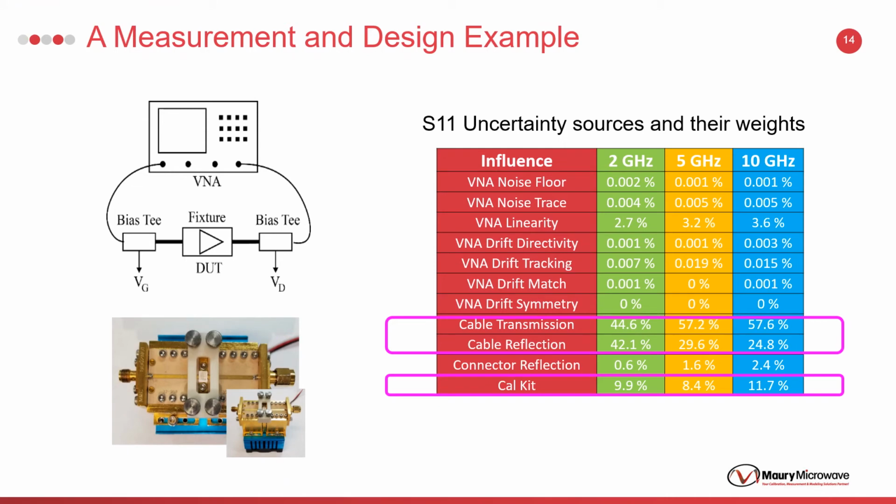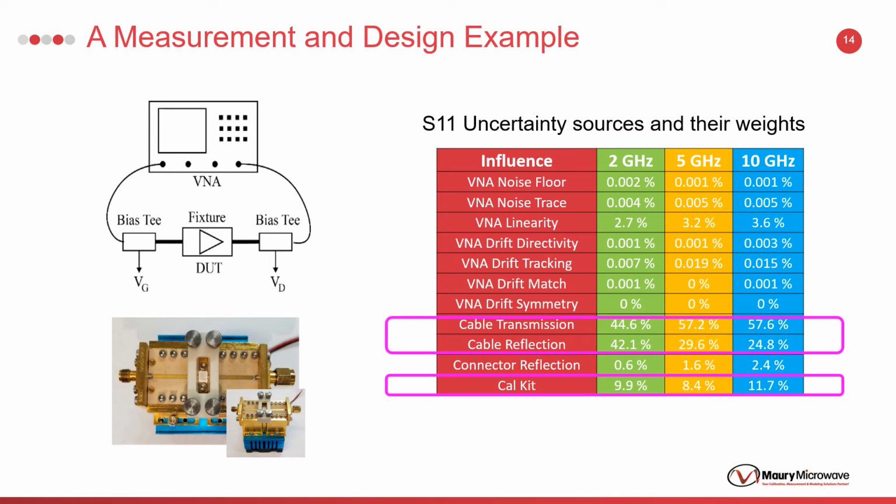In our particular design example, when we measured the S parameters of the transistor and looked at the uncertainty budget, we noticed that most of the uncertainties are coming from the cable stability and the cal standards uncertainties.